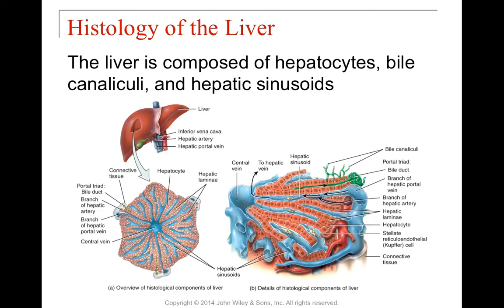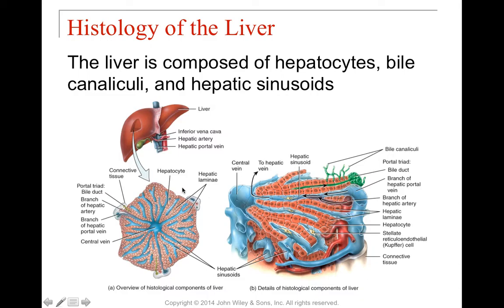Okay, so the liver is composed of hepatocytes, canaliculi, and hepatic sinusoids. Okay, and that looks kind of like this. So we have a central vein where the blood's coming in, right? So the portal triad is going to comprise the bile duct, the hepatic artery, and the hepatic portal vein, right?